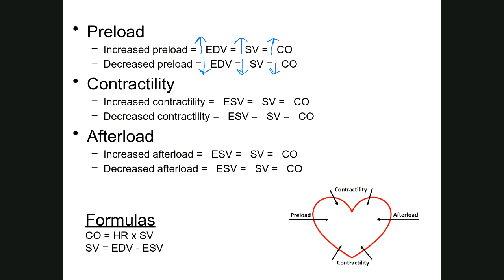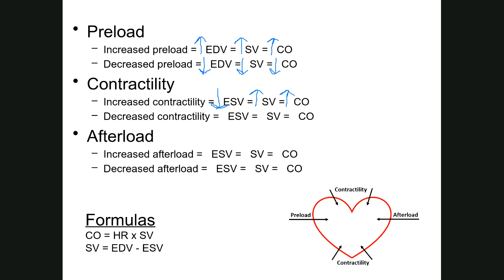And in that case, that means there's going to be less blood left in the ventricles at the end of systole. If there's less blood left in the ventricles at the end of systole, stroke volume increases, because if that blood isn't in the ventricles, that means it's gotten pushed out to the systemic circuit. So stroke volume has increased.